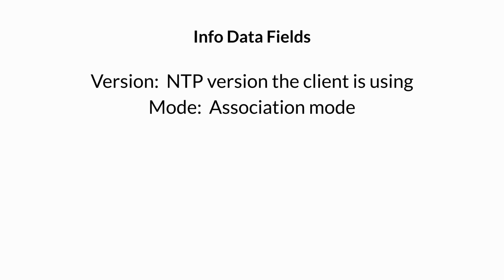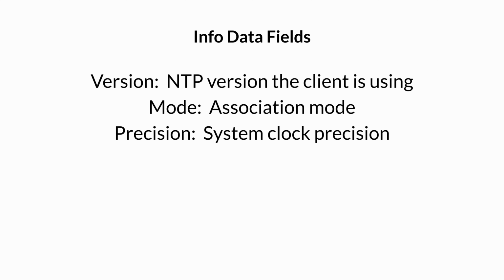The mode tells us the association mode being used. To put this another way, this tells us the relationship between the device sending the request and the device responding to the request. In a typical client-server interaction, such as our setup today, the client will use mode 3 and the server will reply with mode 4. The precision tells us the precision of the system clock.